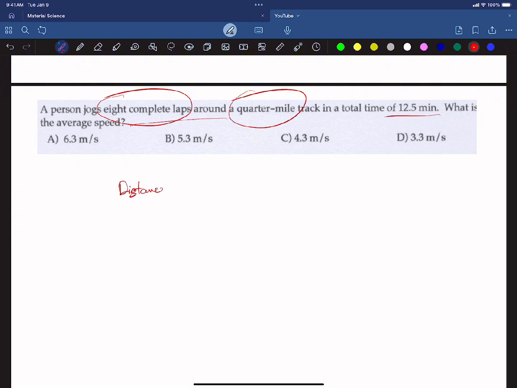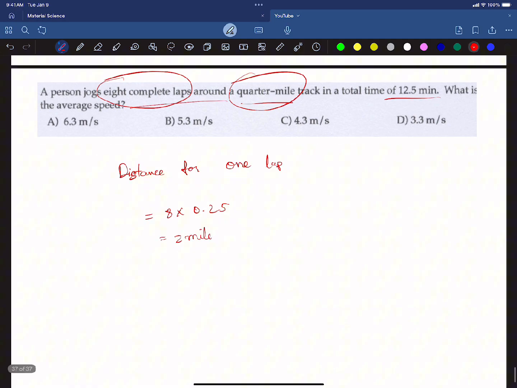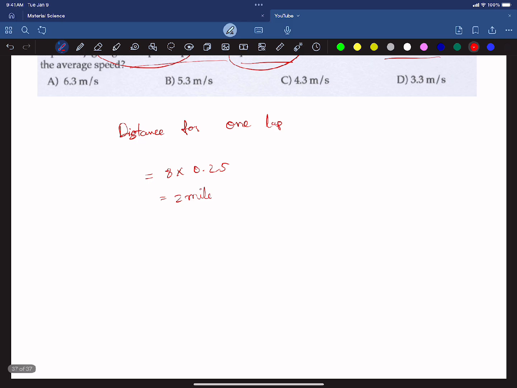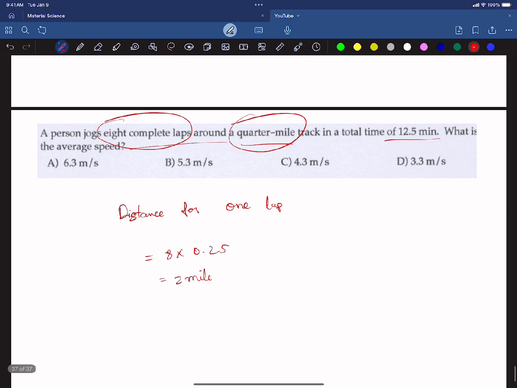The total distance for one lap is a quarter mile.